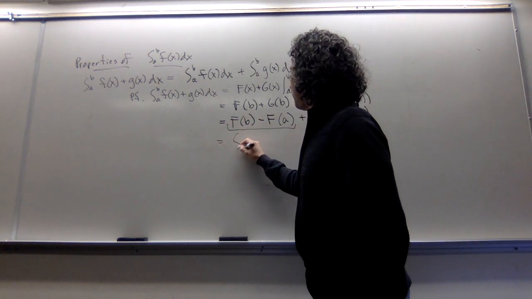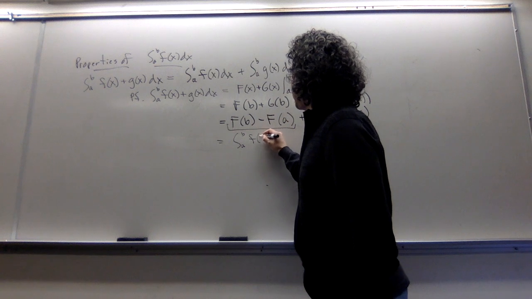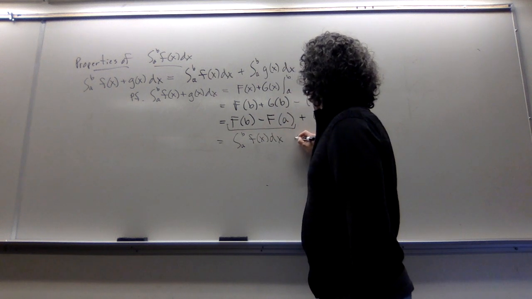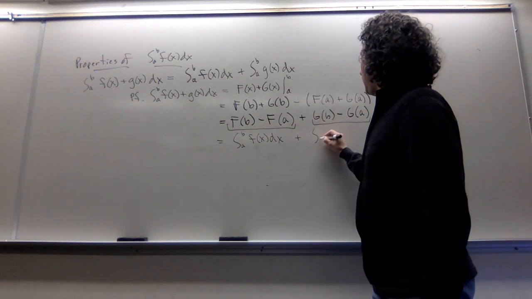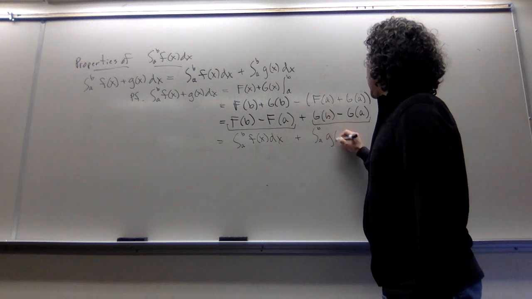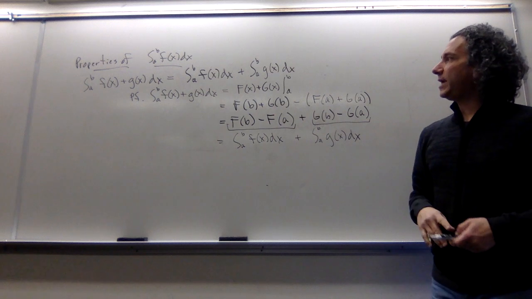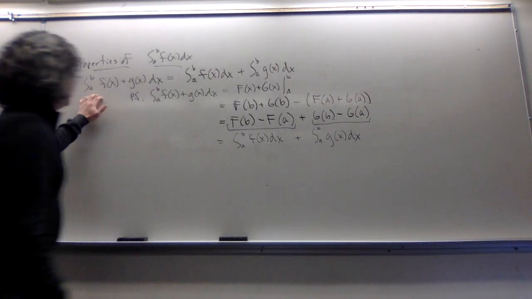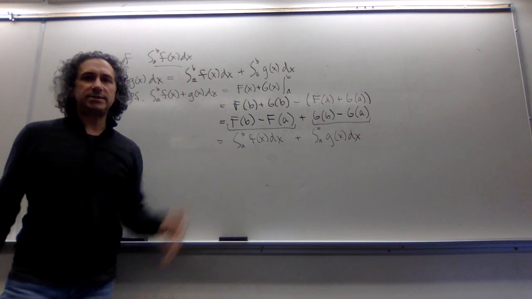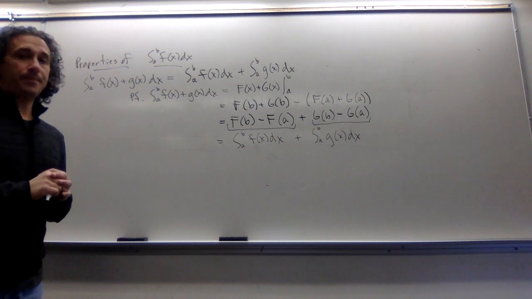This is the integral from A to B of f of x dx. And this guy is the integral from A to B of g of x dx. So that means that if we want to integrate something, we can just break it apart into smaller pieces and do it term by term.